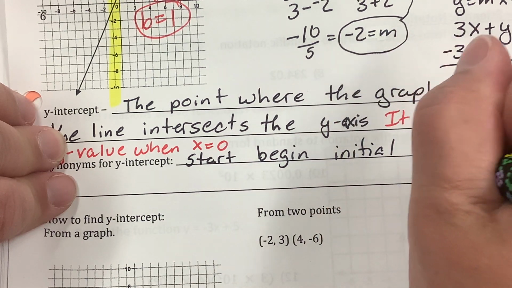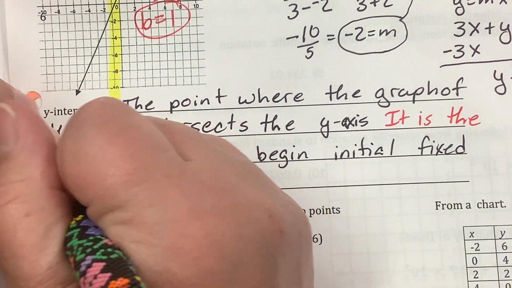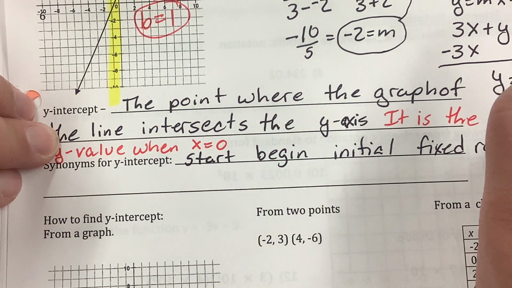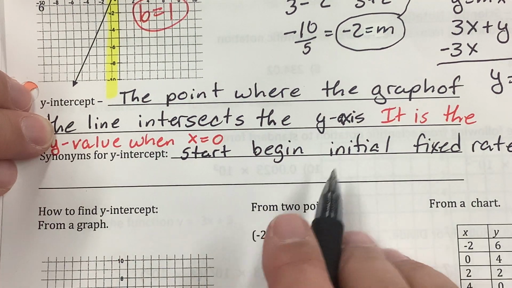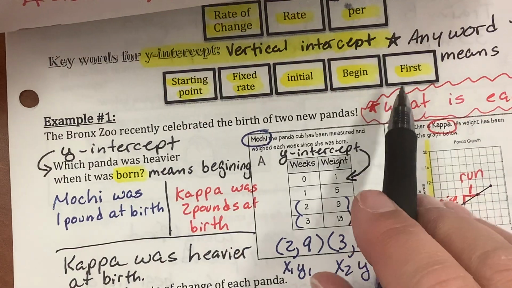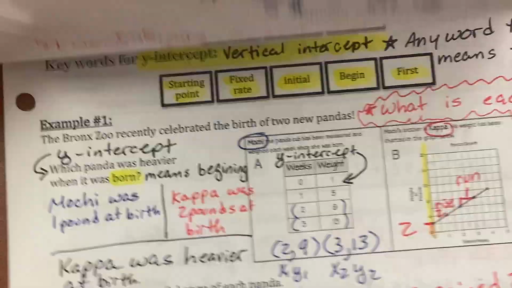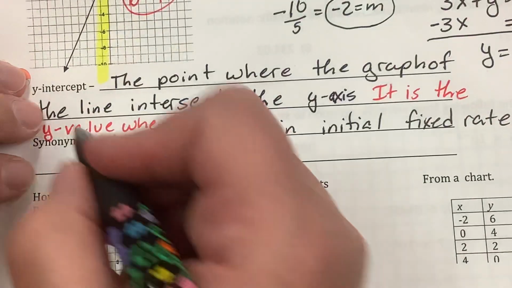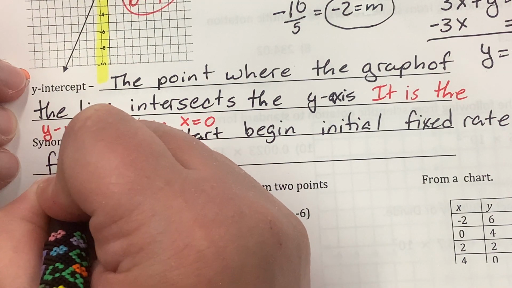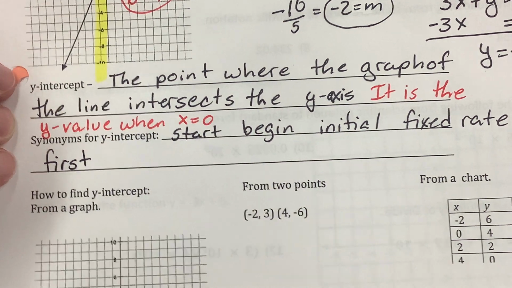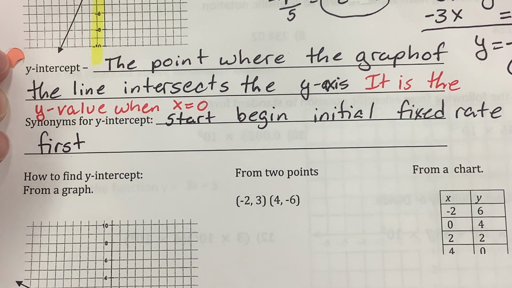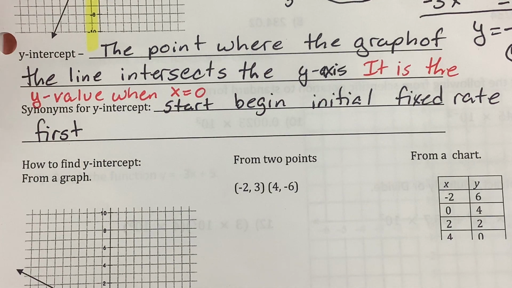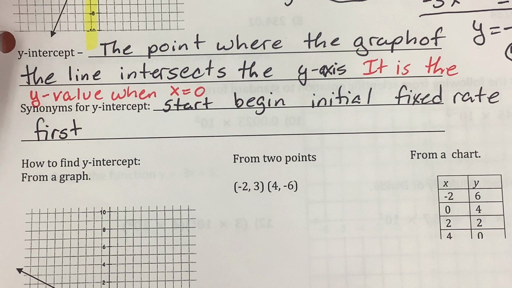Start, begin, initial, fixed rate, first, anything. Any word that means in the beginning. Even the word born. The baby was born at 6 o'clock. That's the fixed rate. That's the first thing. Any word that means first.